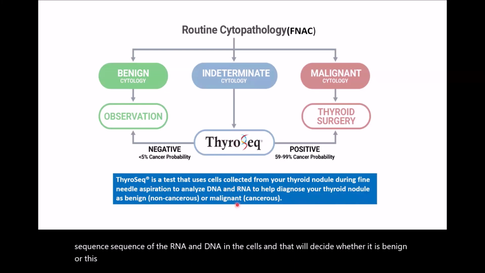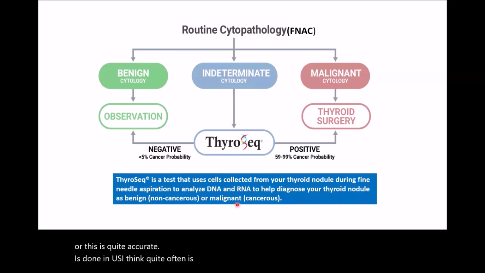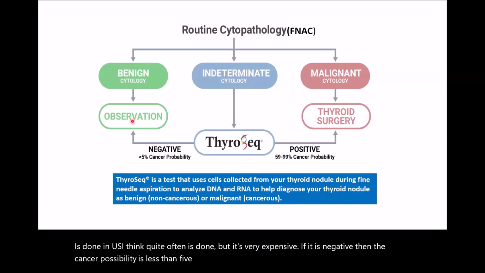This is quite accurate. It's done quite often in the US, but it's very expensive. If it is negative, then you know the cancer possibility is less than 5%, so you observe the patient. If it is positive, then you proceed with surgery.